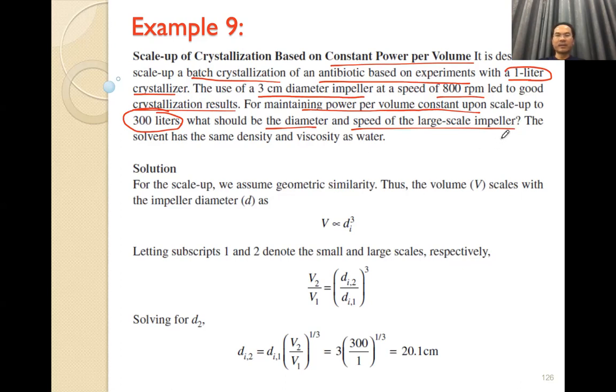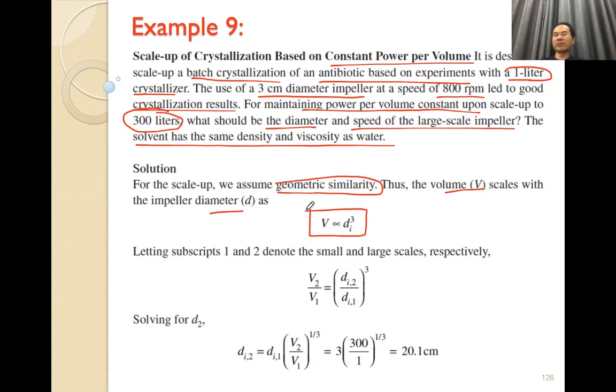In this case, the solvent has the same density and viscosity as water. We assume the density of the solvent is the same as water. For the scale-up, we assume geometric similarity, the same geometry of the crystallizer. The volume and impeller diameter should be proportional, right?